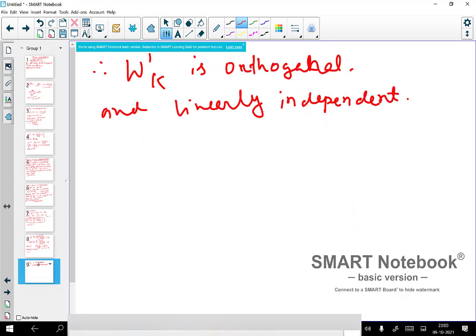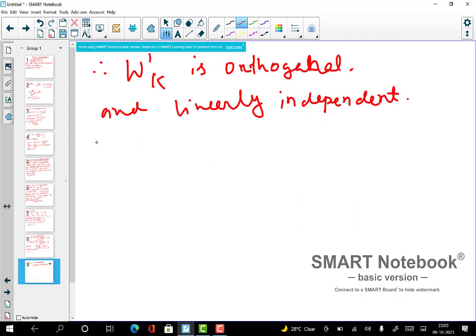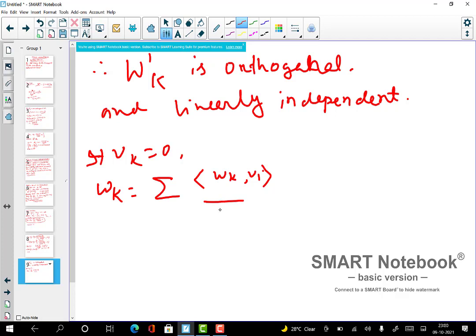So one can ask here, what if Vk equal to 0? So if Vk is equal to 0, then what happened? Now if your Vk will be 0, then you see that the way we define Vk, Wk will be nothing but the sum of the inner product of Wk and Vi with norm of Vi square into Vi, right?